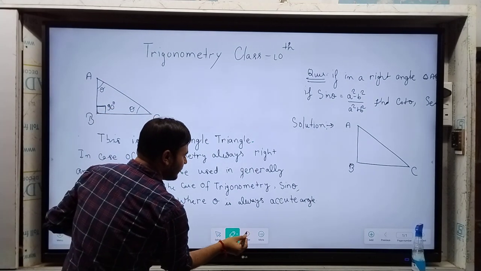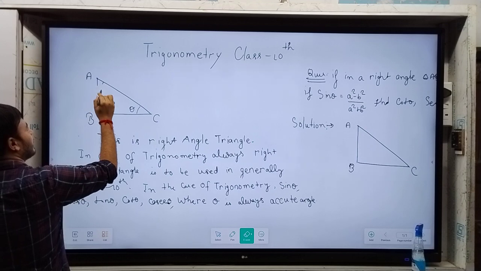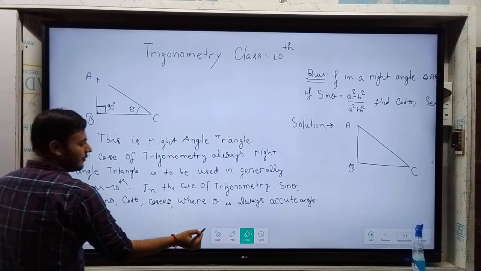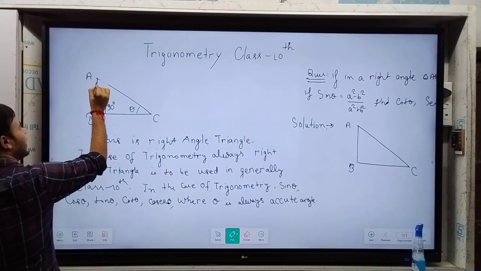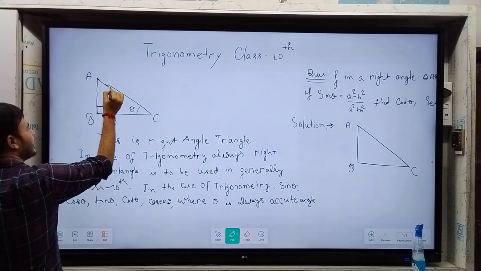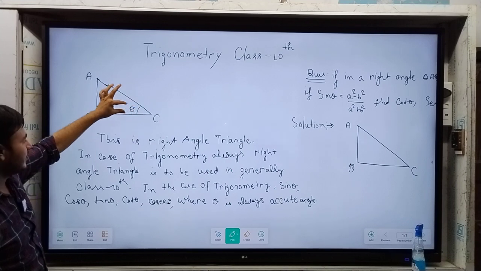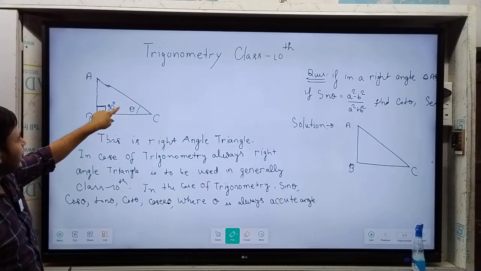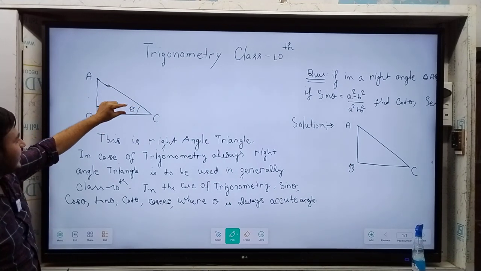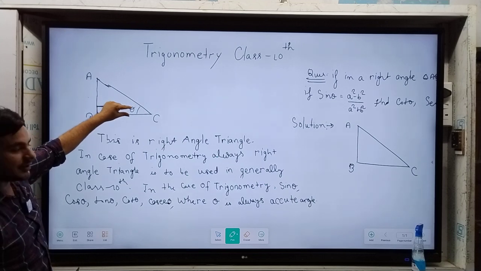So I have rubbed out one angle. Now you can see theta in only one place. This is theta, an acute angle less than 90 degrees.